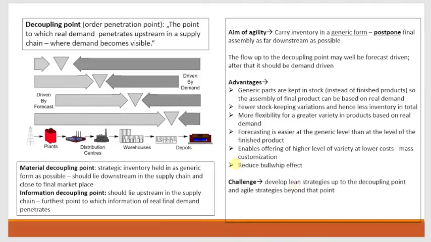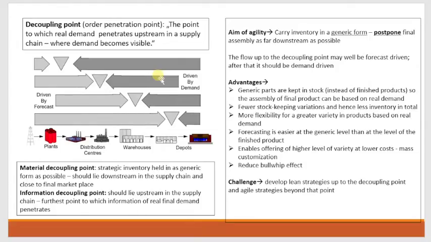So the decoupling point in this graph is made visible through the triangles. And hence, we can argue that the aim of agility is to carry inventory in a generic form as far as possible and postpone the final assembly as far downstream as possible.